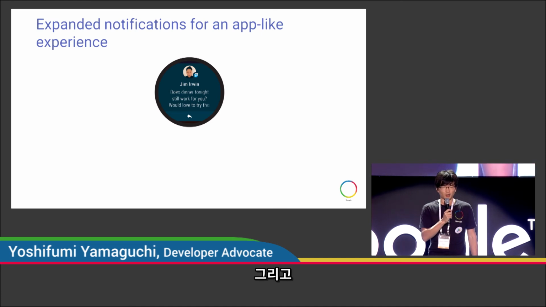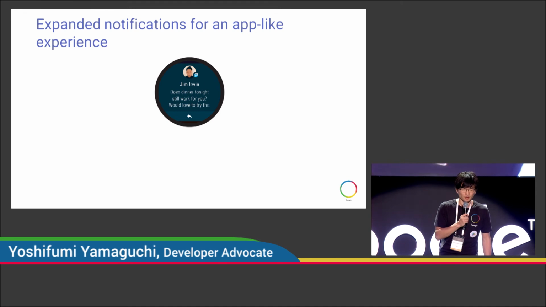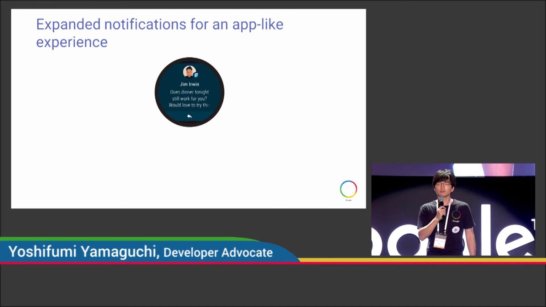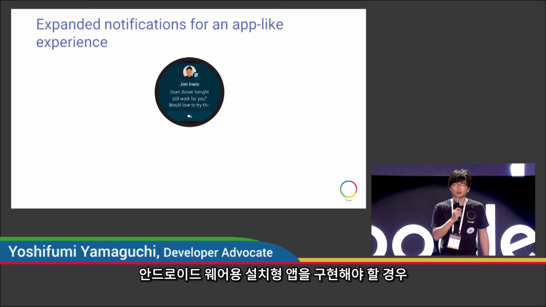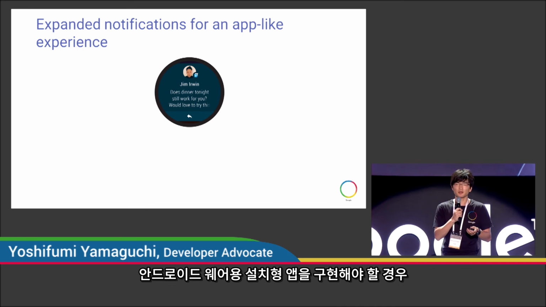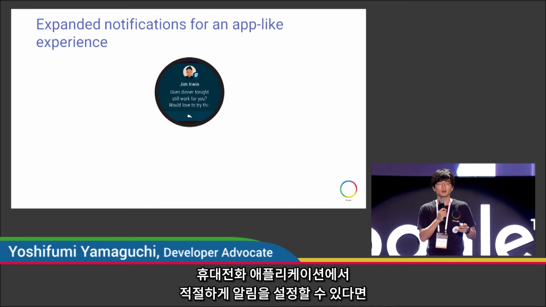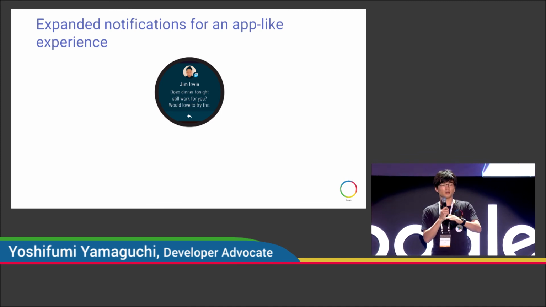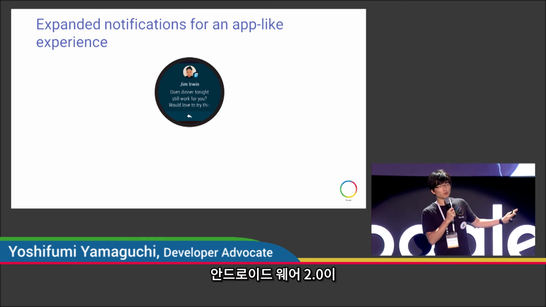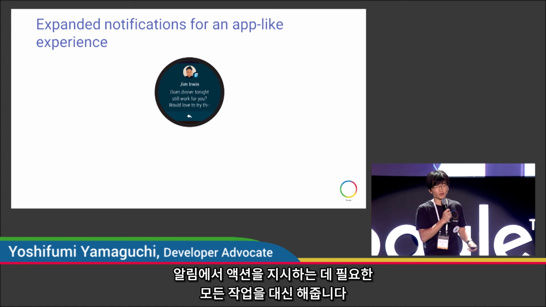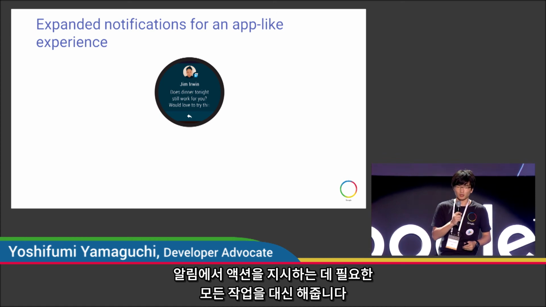And then also, the notification gets more app-like. So you think that you need to implement a native application for Android Wear, but if your phone application sets the appropriate notification settings, then Android Wear 2.0 does all the things required for the direct actions from the notification.